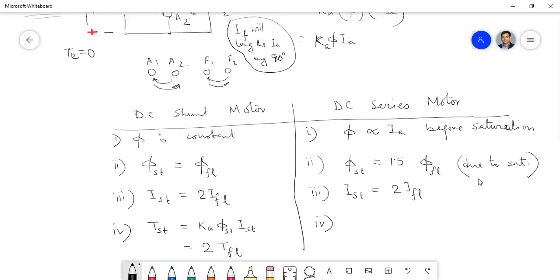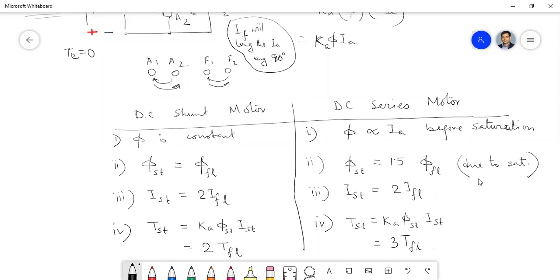Now the starting torque is Ka phi ST into IST. As we have 1.5 into 2, we'll get 3 into phi FL into IFL. That means 3 into TFL.